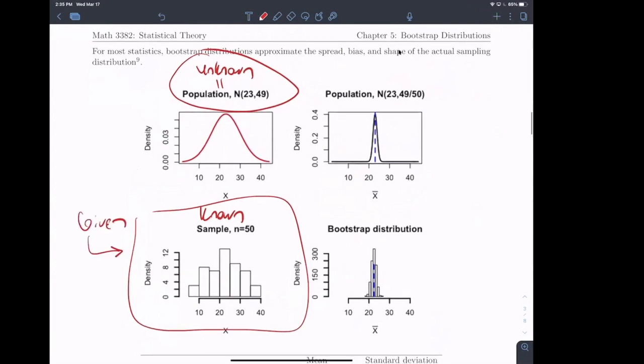The idea is, if we had the population, we've talked about how we can use the central limit theorem to figure out exactly what the sampling distribution would look like. So this is the exact sampling distribution. I think here the sample size was 50.